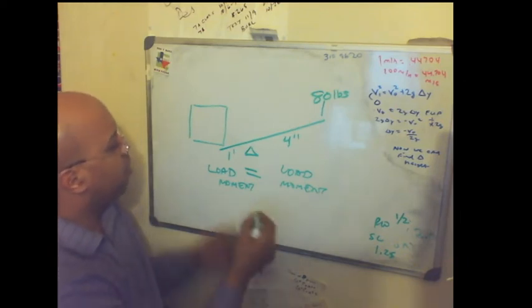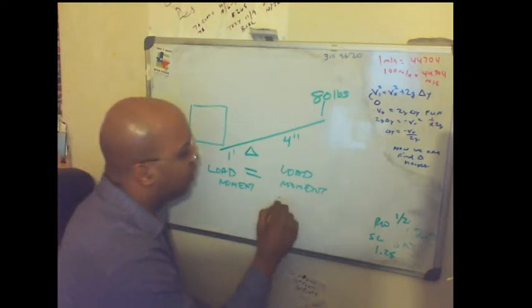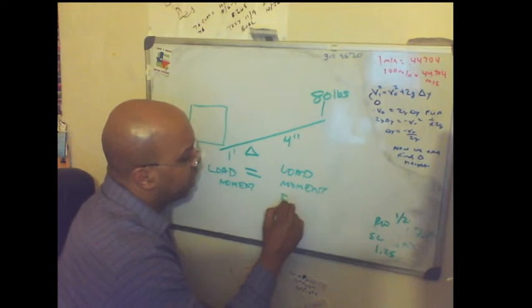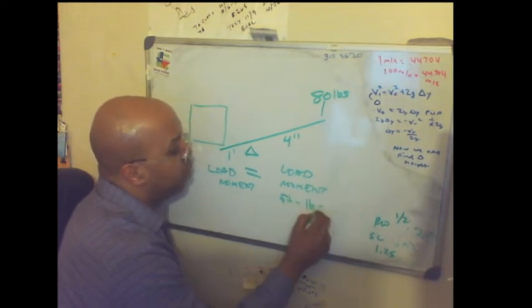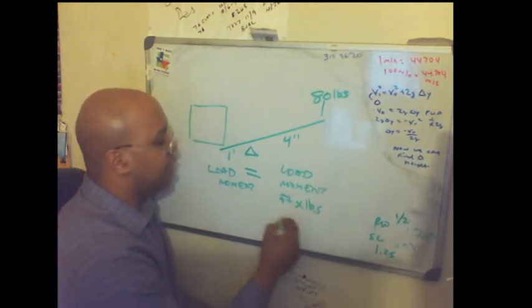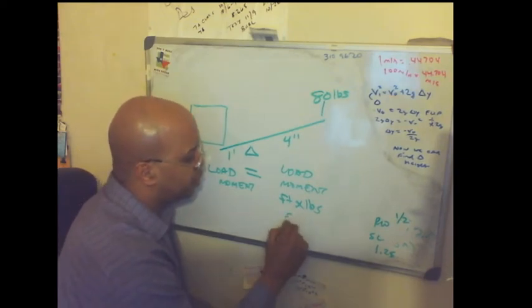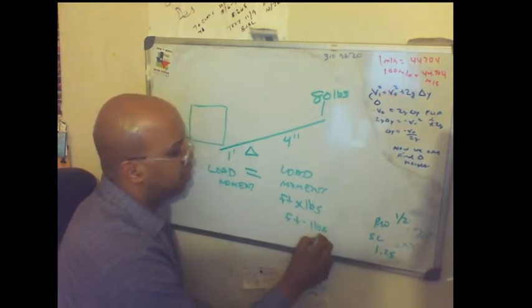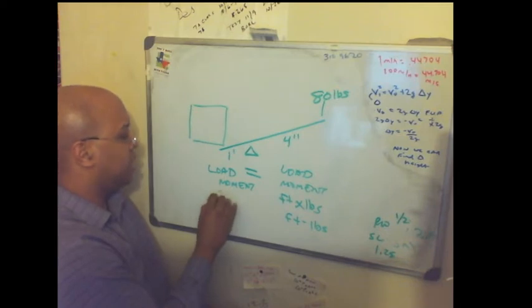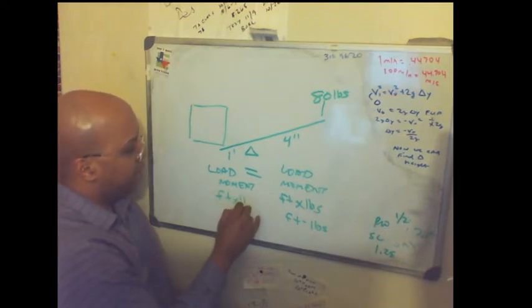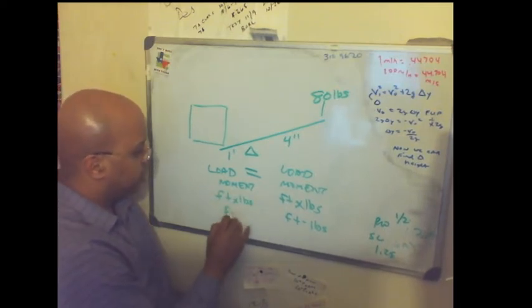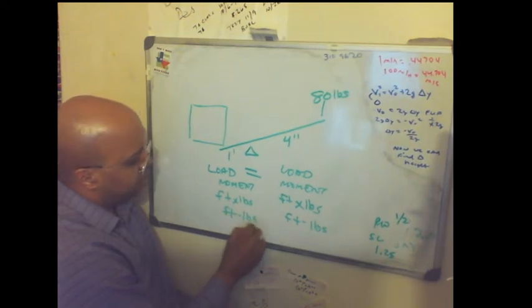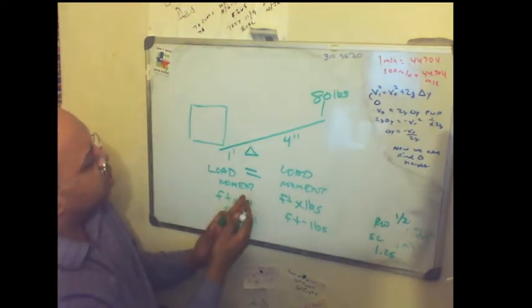When they're multiplied, it is a function of distance and weight. We call it foot-pounds, but it's foot times pounds, on both sides, which will produce foot-pounds. So the equal sign's in the middle.